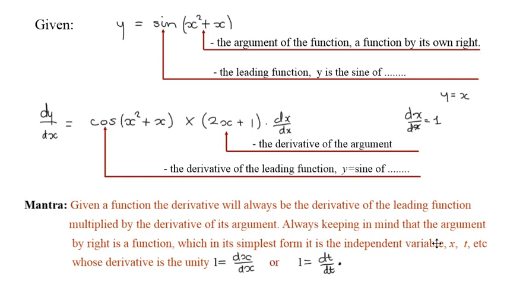Always keep in mind that the argument by right is a function, which in its simplest form is the independent variable x or t, depending on what we're doing, whose derivative is the unity 1, as 1 equals dx/dx, or 1 equals dt/dt, depending on the independent variable of your function. I hope this will help you to understand how you differentiate.